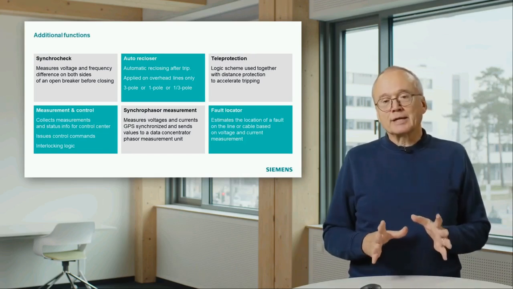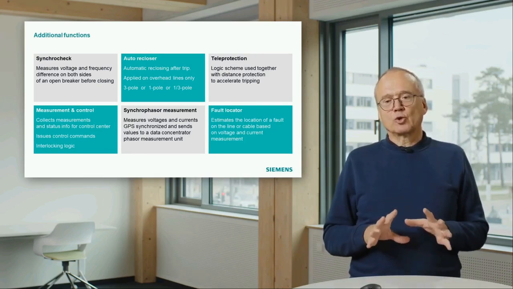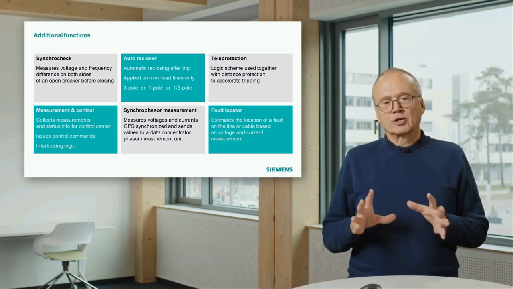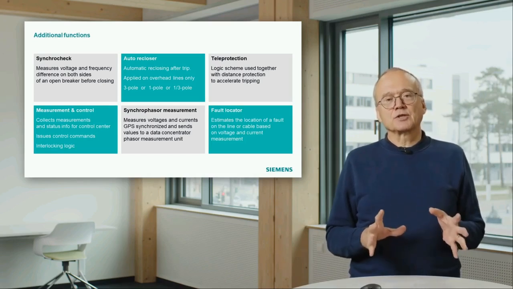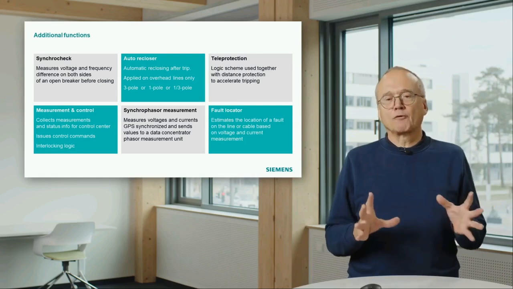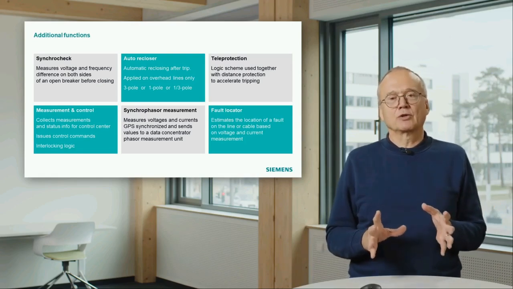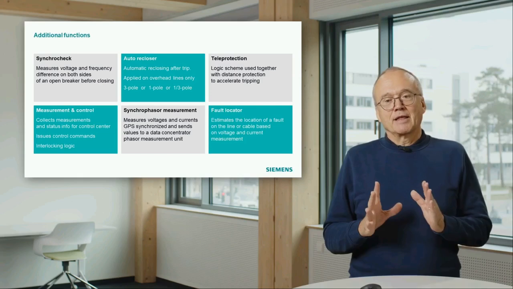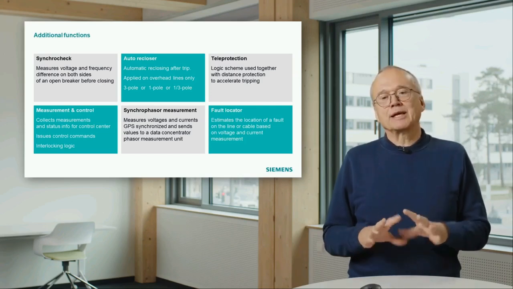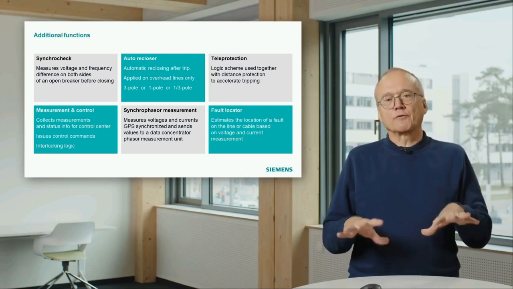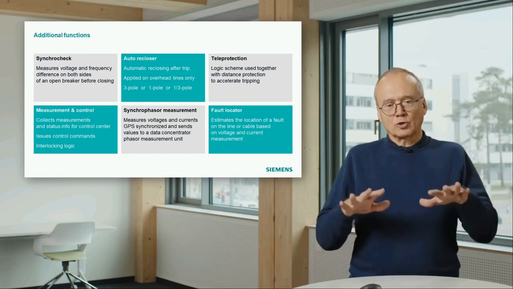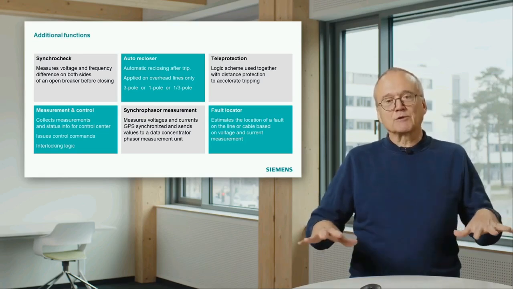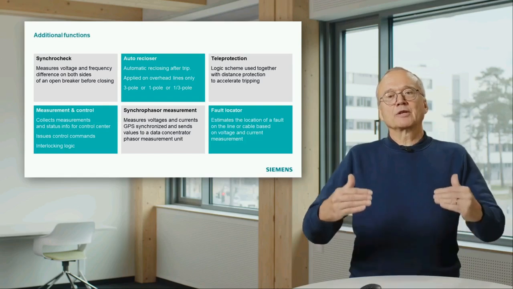And if you do that, you are able to monitor transient situations in a system, like these type of power swings I mentioned on the previous slide. They are not visible in the normal operation of the control center. The control center does also voltage measurements, but on a very slow basis.